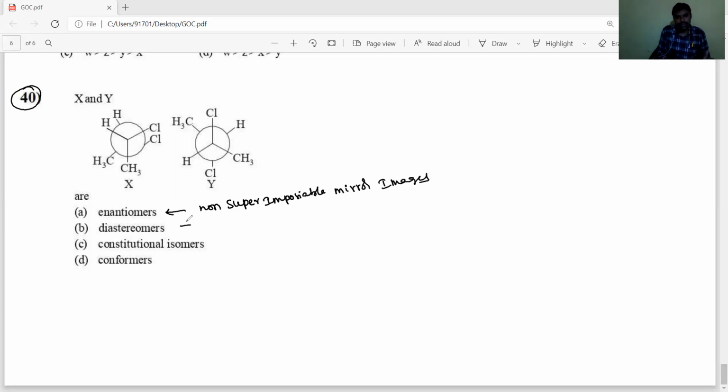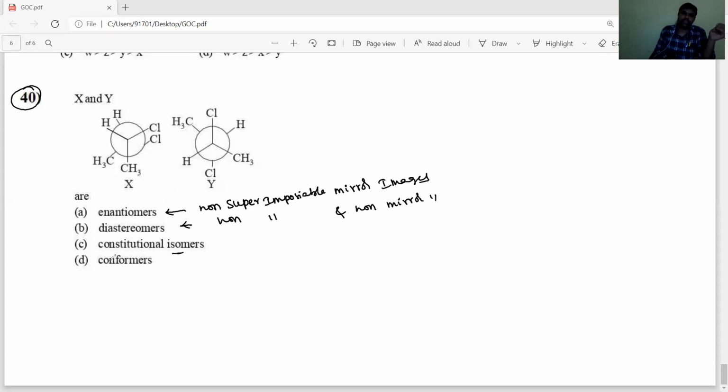And diastereomers means both non-superimposable and non-mirror images. Those are called diastereomers. And constitutional isomers may be either geometrical isomers or optical isomers.